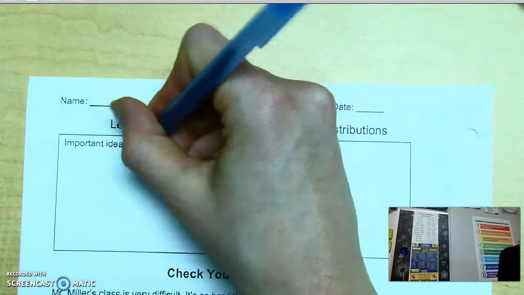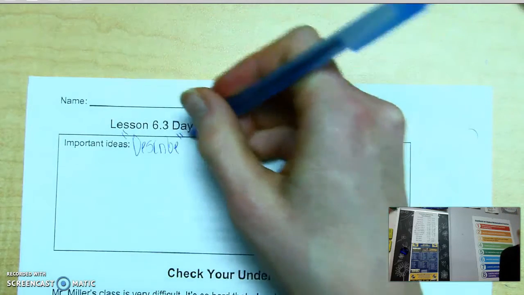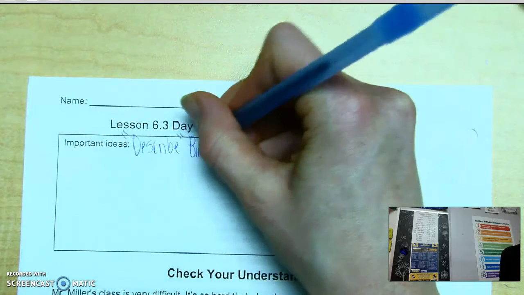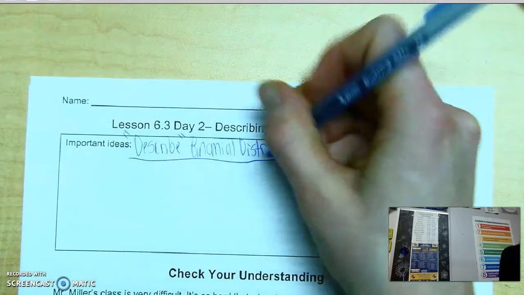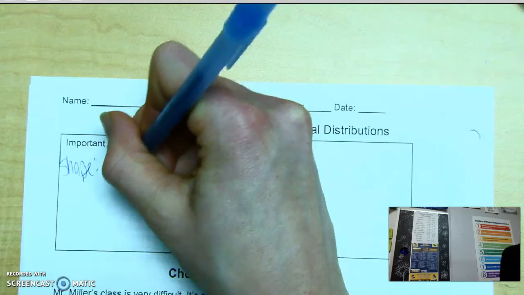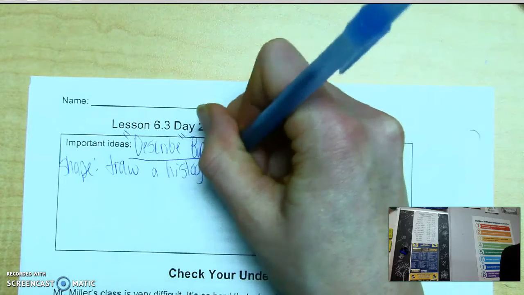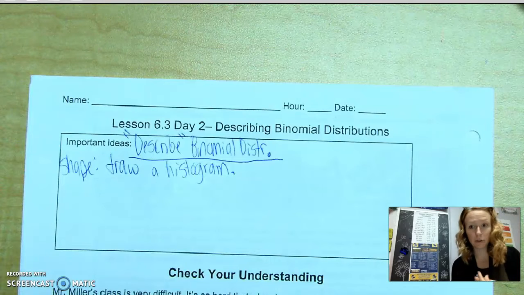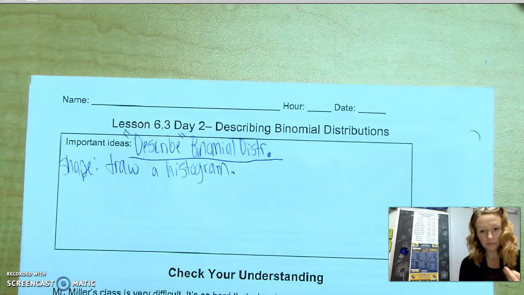So if we're describing binomial distributions, their shape, when you're talking about the shape, you should draw a histogram. You should have all the probabilities in your probability distribution, this binomial distribution. You can draw a histogram with those, right? And then you should just be able to describe that histogram.